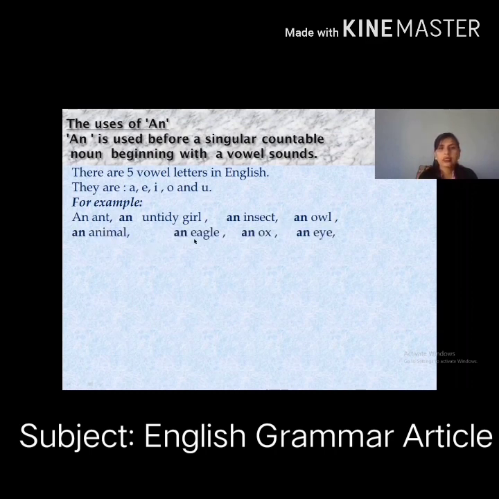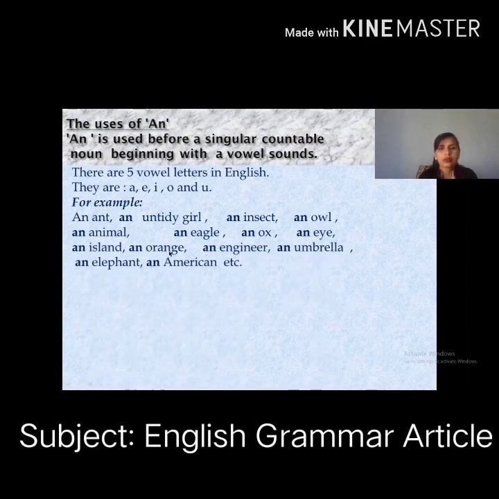Similarly, animal, eagle, ox, eye, Iceland, orange, engineer, umbrella, elephant, American. These given words are all countable nouns. We can easily count them like 1, 2, 3, 4, etc. So the starting sound of these given words is a vowel.